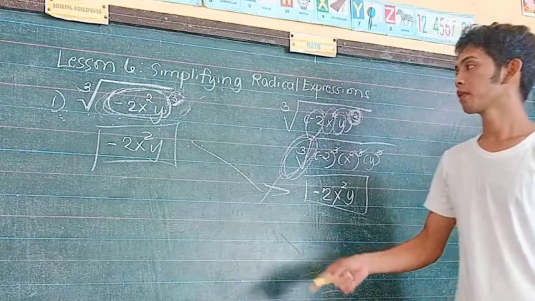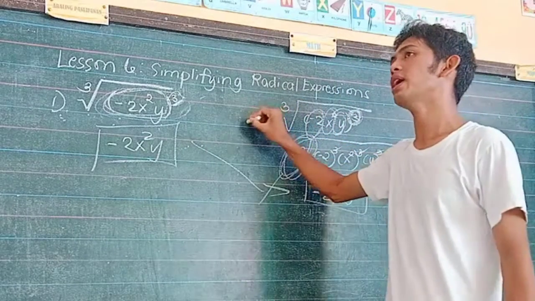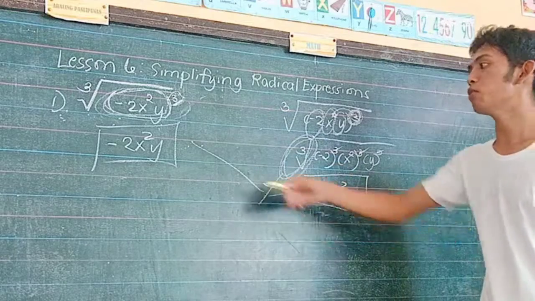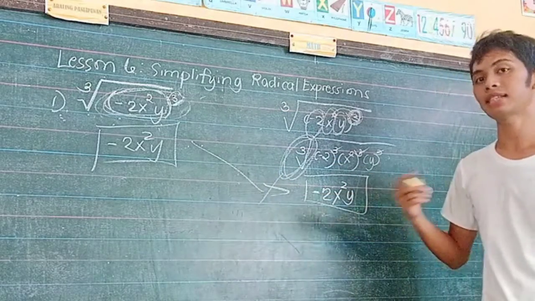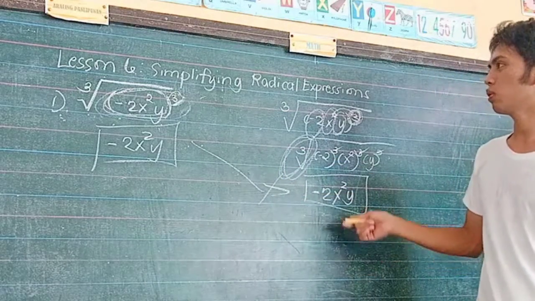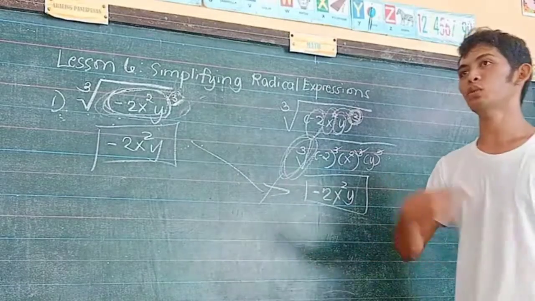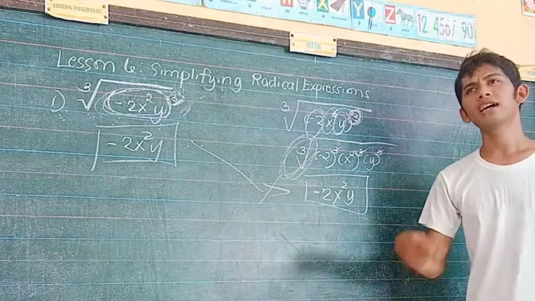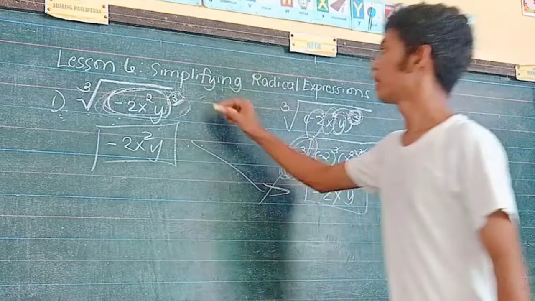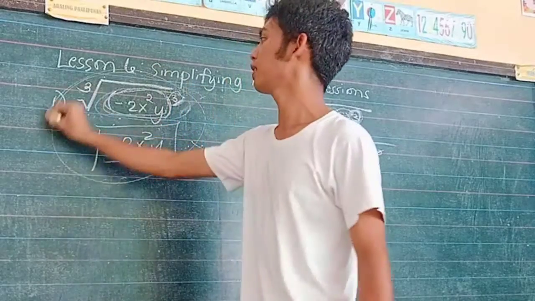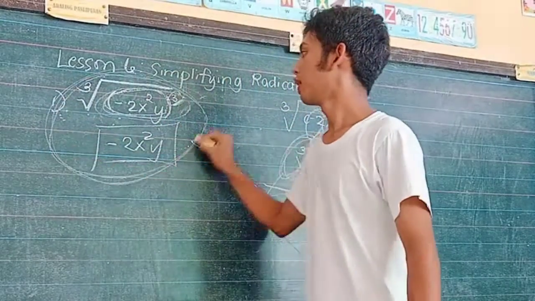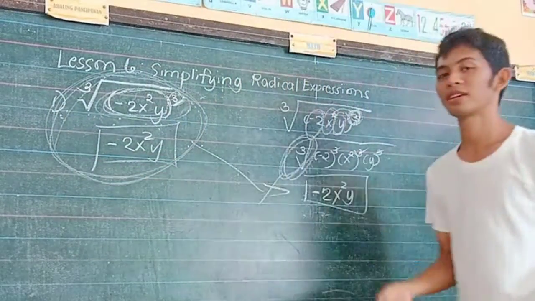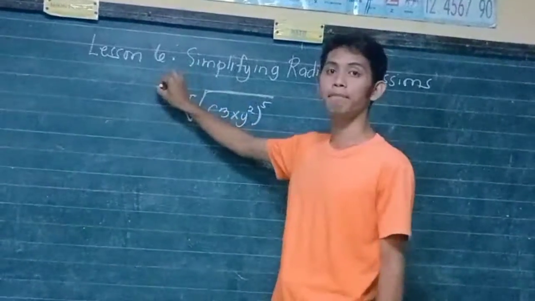So bisan unsa nga way, basta same ang answer, it is acceptable. Pero, as human as we are, individual as we are, ganun man ta og sayon. So ano lang tama nga solution? Let's proceed to another example.